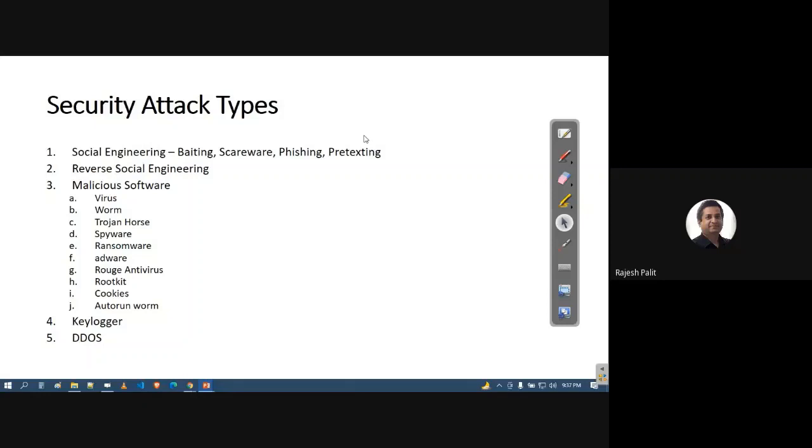So these softwares are malicious, or bad. Then keylogger, which is also a malicious software, and distributed denial of service.